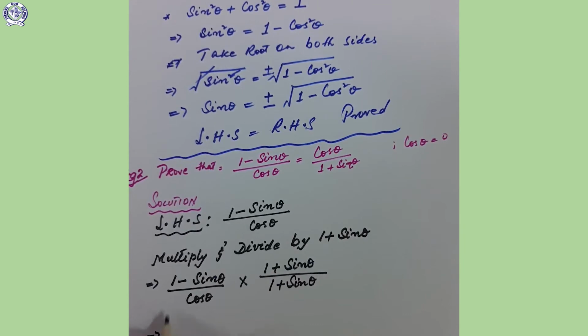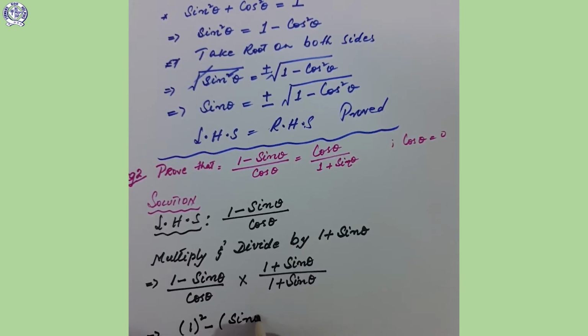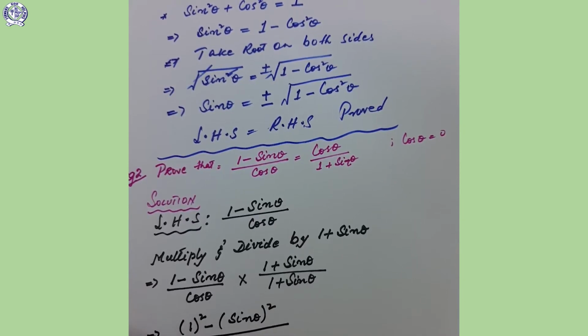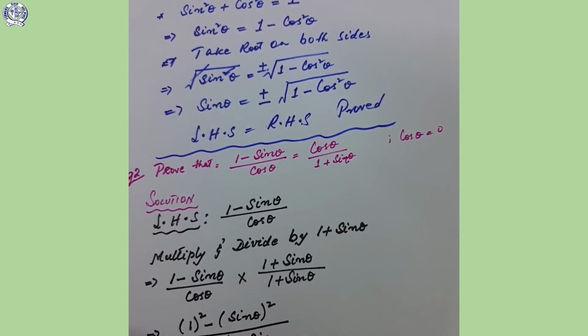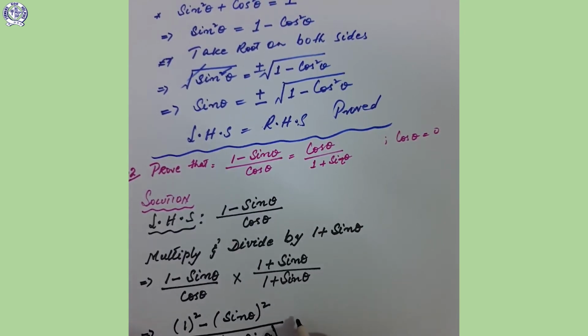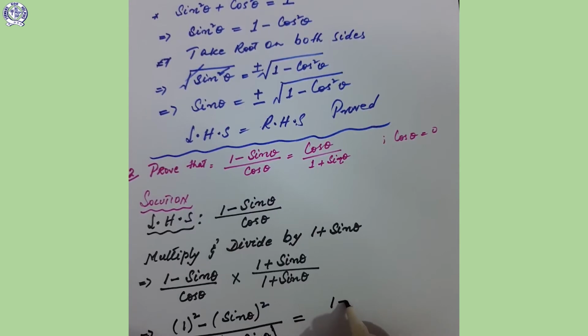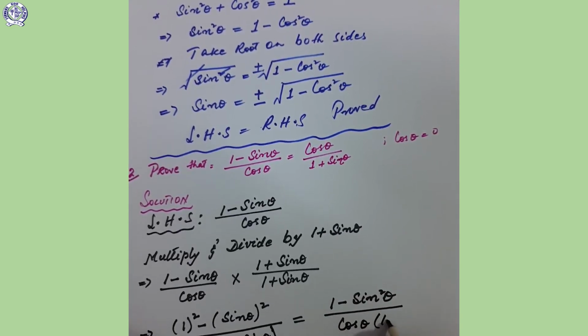So the numerator is, you can see, a minus b, a plus b, so apply the formula: 1 the whole square, this is a square minus b square, b is sine theta the whole square, divided by cos theta and 1 plus sine theta in the bracket. Now we can still solve this. So this will become 1 minus sine square theta divided by cos theta into 1 plus sine theta.